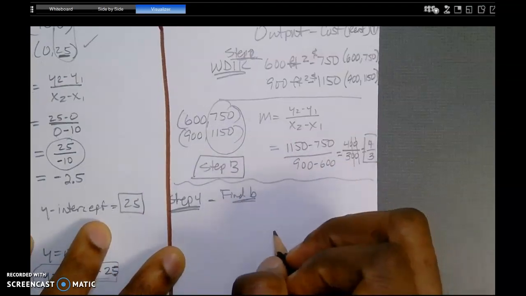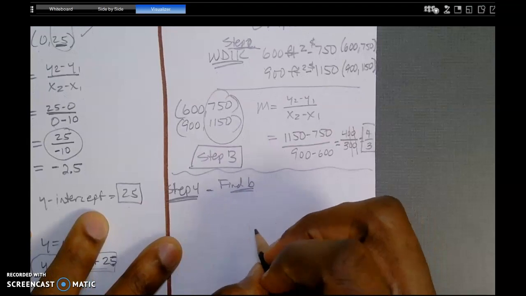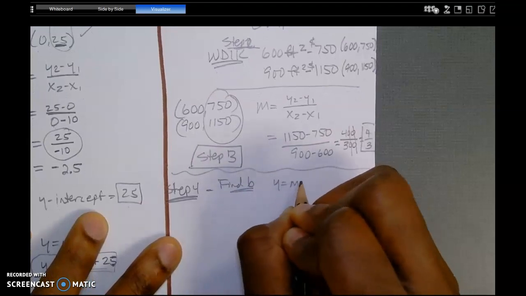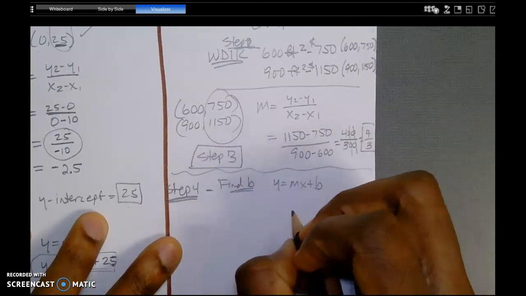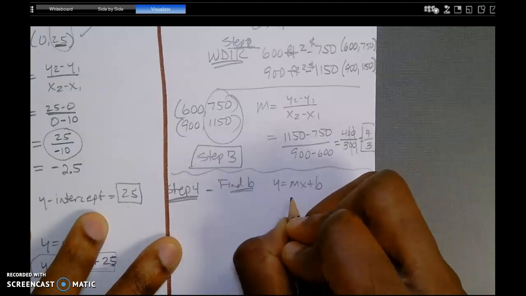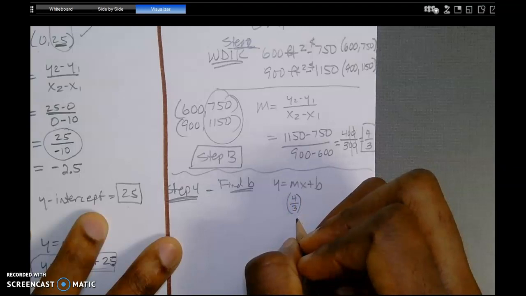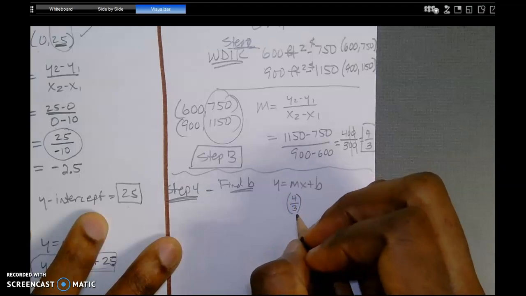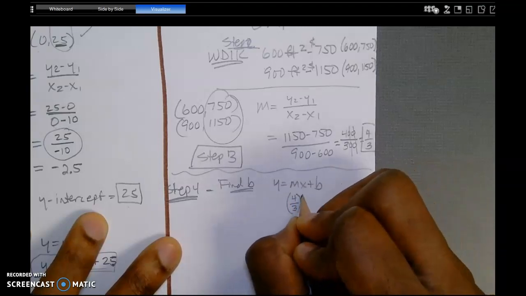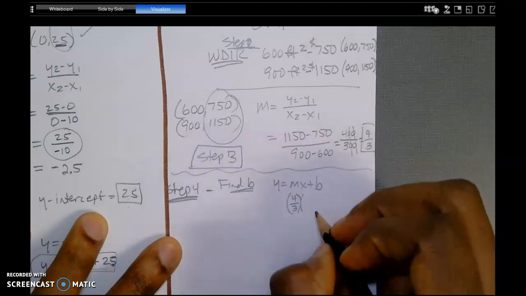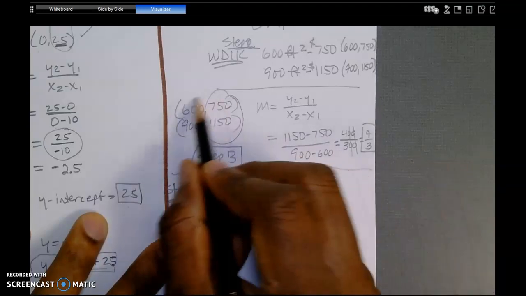Now, the way that I find B, we've talked about in other videos. I'm going to set up my slope-intercept form of the equation. I'm going to plug in my slope here. And the additional thing that I'm going to do is I am going to plug in one ordered pair. I'm going to plug in this particular ordered pair.